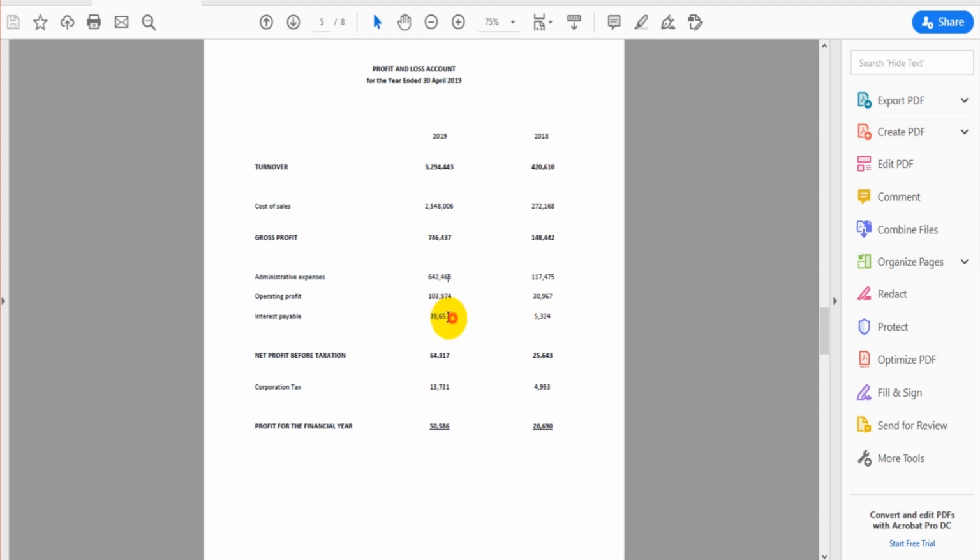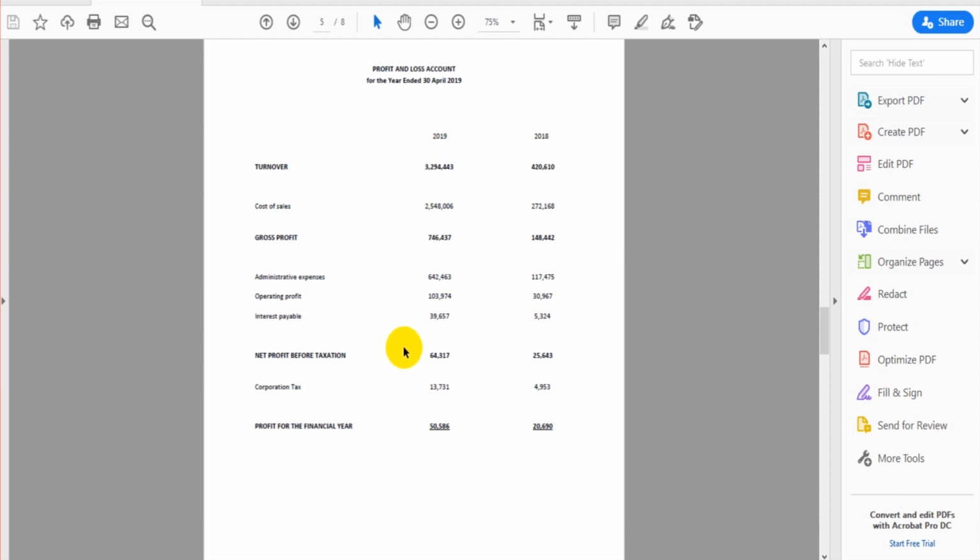So we then have interest payable here. So our interest payable, our finance costs have risen drastically, 40,000 to 5,000. That's not as expected when sales go up. If anything, you would hope finance costs go down a bit or stabilize. But we'll come back to this a bit later on in this video.